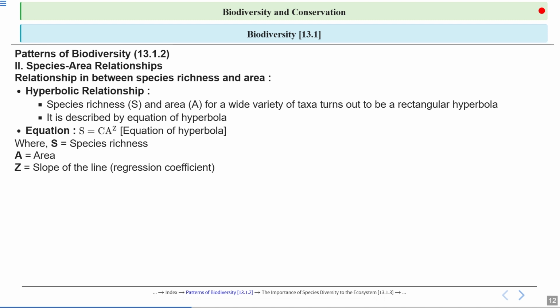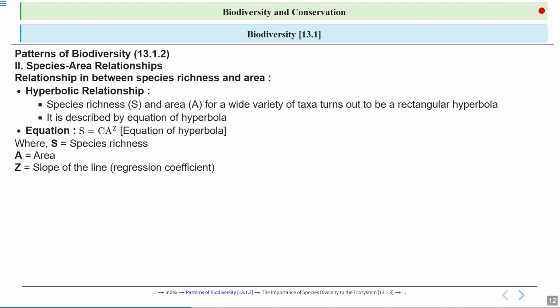Now, Z is the slope of the line, also called the regression coefficient. This tells us how quickly species richness increases as area increases. If Z is higher, it means if you explore more area, then the number of species will increase a lot, so adding more area brings in many new species.